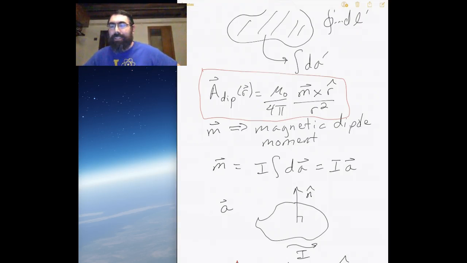For the magnetic case, the potential is a vector, so we have to have the cross product between the magnetic moment and the direction. For the electric potential, which is a scalar, we took the dot product of the dipole moment with the direction.